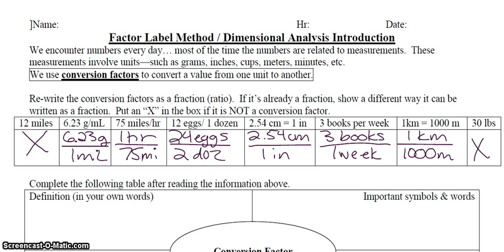So in all of the ones I wrote as fractions, they could be in some context used to convert from one unit to another. And so they can be used as this fraction and could be flipped upside down as well. The last one, again, 30 pounds, does not indicate any kind of relationship from one unit to another. Therefore, it could not be used to convert.